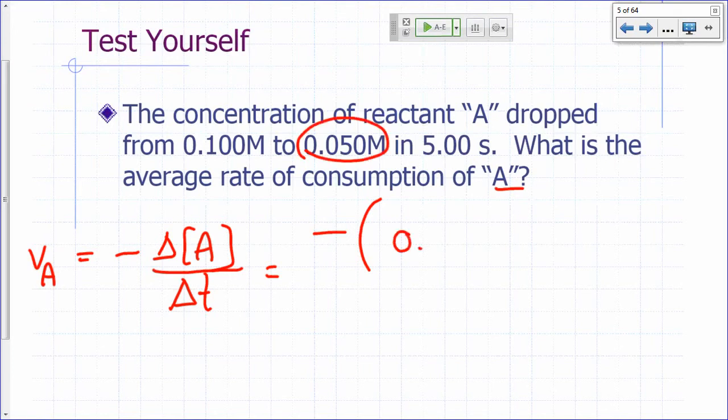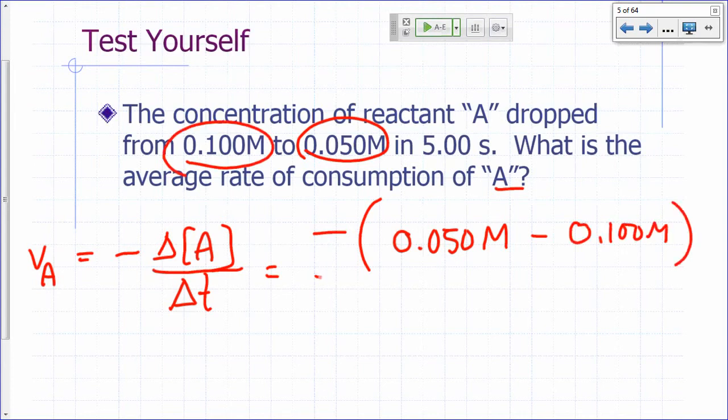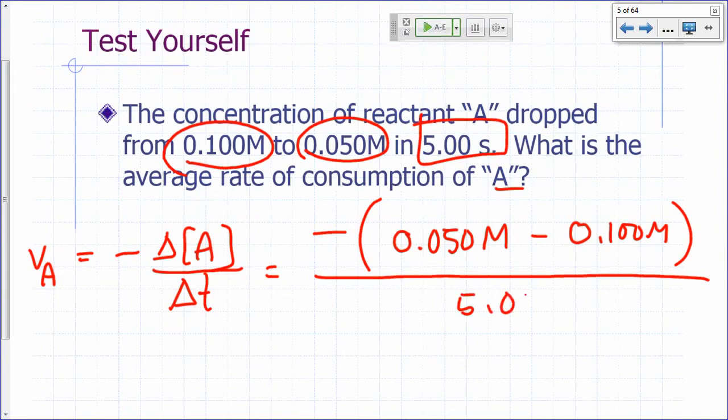0.050 moles per liter, minus the initial value, 0.100 moles per liter, divided by the amount of time that has elapsed. How much time has elapsed? 5 seconds. Okay.